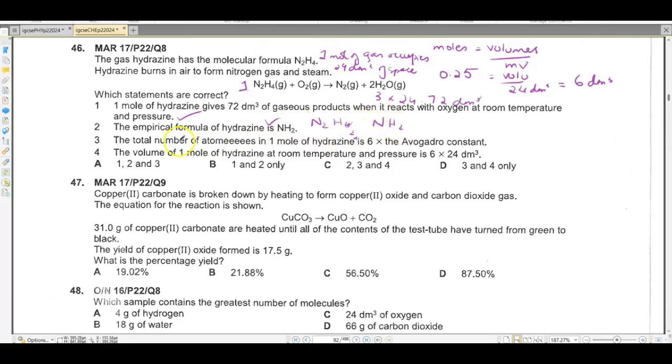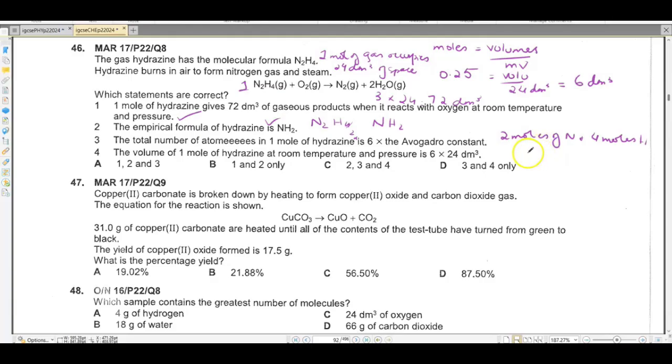3. The total number of atoms in 1 mole of hydrazine is 6 times Avogadro's constant. 1 mole of N2H4 contains 2 moles of nitrogen and 4 moles of hydrogen, so a total of 6 moles.